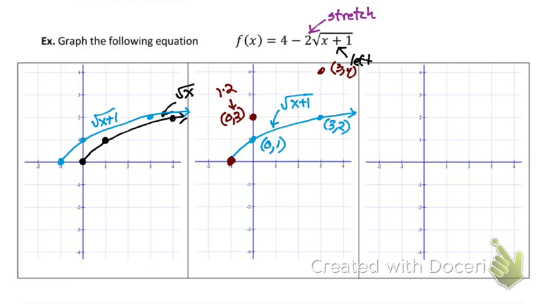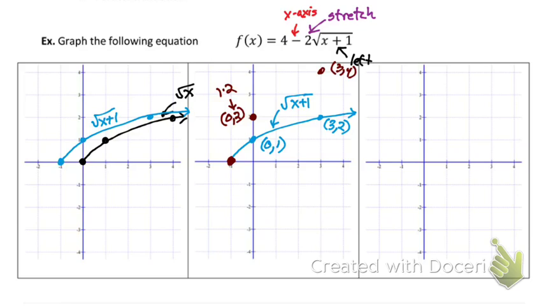But I said we're going to do another thing in this one. We're also going to do that negative out front. If there's a negative out front, it reflects across the x-axis. So that negative right there is going to reflect across the x-axis.